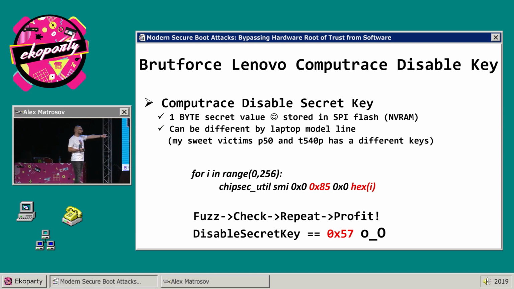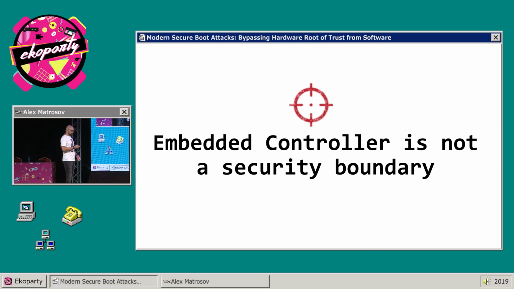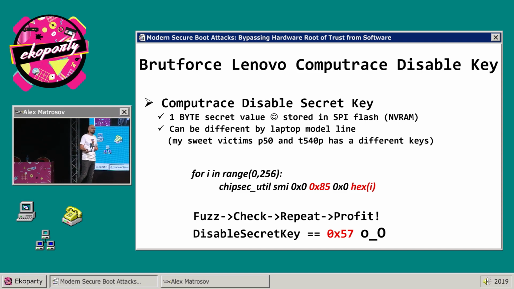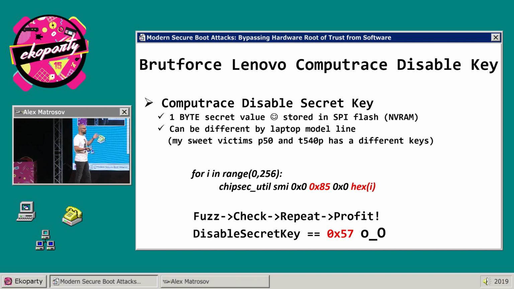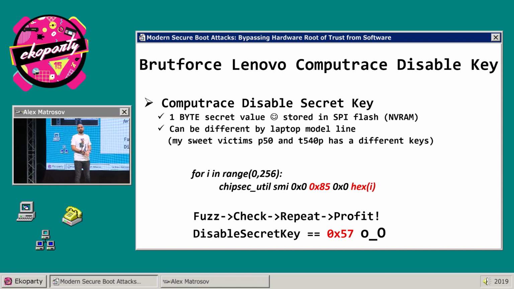In my case, the disable value was 57 in hex. Not difficult, and also kind of scary for me, because this is the option for permanent disable, and even after you use permanent disable for Computrace, it's still active on your system.